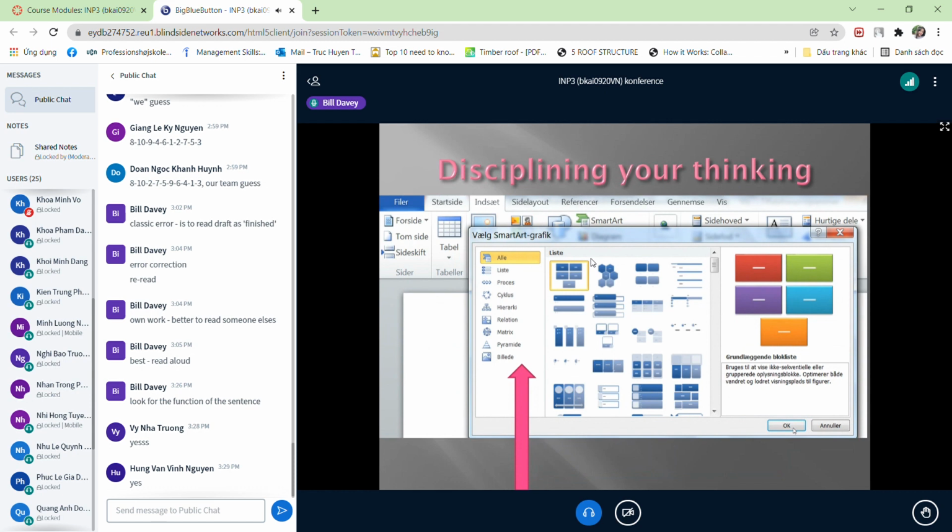If we look at the left-hand side of the screen where it says hierarchy in Danish, the hierarchy diagram, for example, could be very useful if you wanted to show how your group idea becomes 4 different ideas.